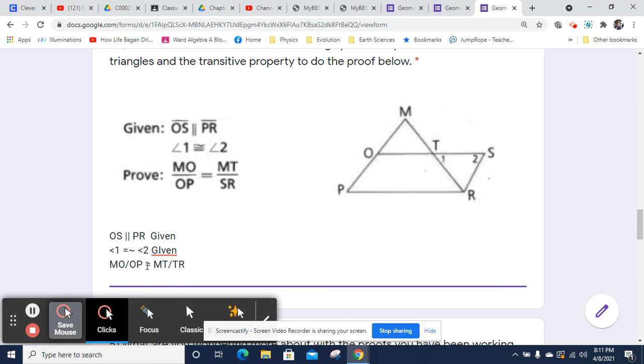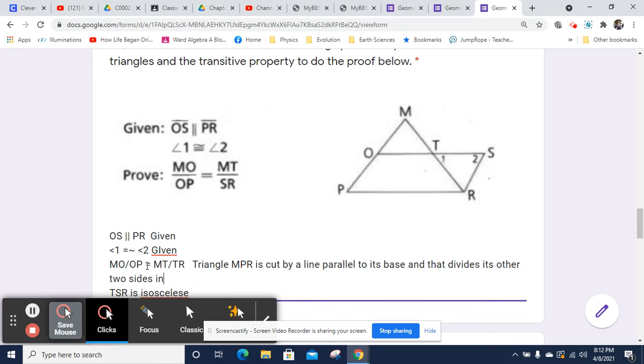We also know that TSR is isosceles. I should give a reason here: triangle MPR is cut by a line parallel to its base, and that divides its other two sides into proportional segments.